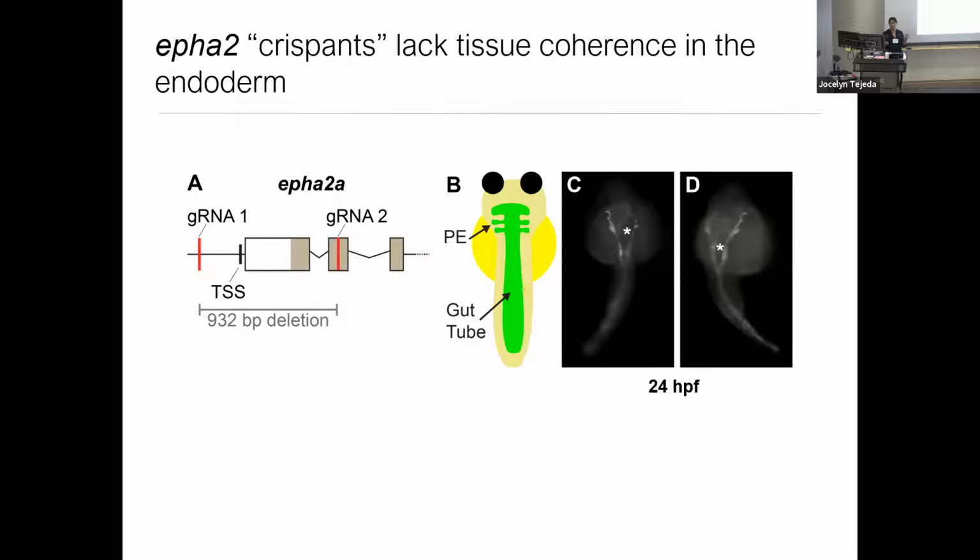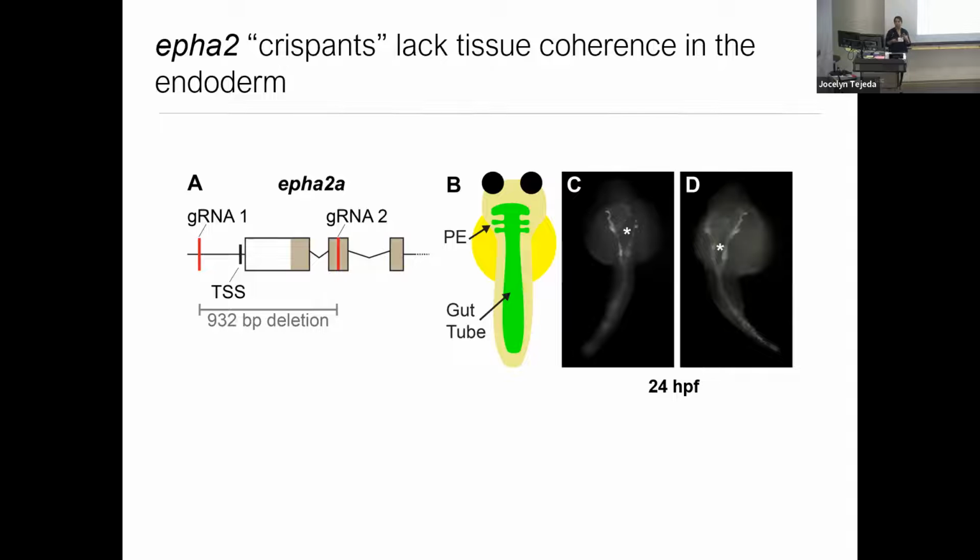As I said before, we have good preliminary data suggesting that the cell surface receptor FA2 is involved in initiating CIL. And so we're currently generating a CRISPR knockout of the FA2A gene in zebrafish. We're creating a transcription start site deletion. This is very preliminary data, showing what we call our crispins. These are embryos that have been injected with CRISPR constructs, but it's not necessarily a stable mutant line.